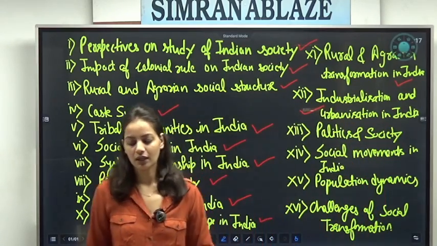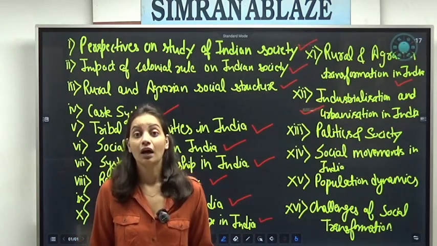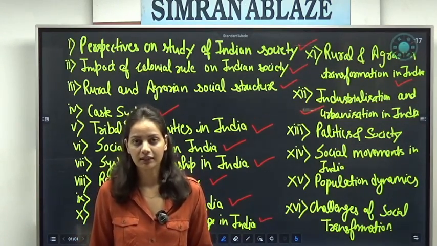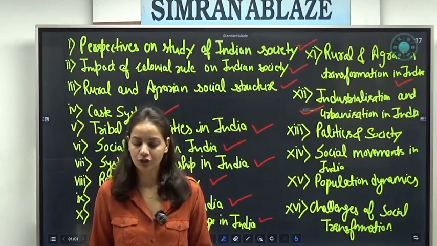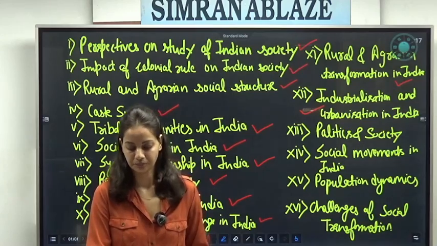Here we study about the evolution of modern industries in India, the growth of urban settlements in India, the working class, and we study about the informal sector, child labor, slums, deprivation, etc.